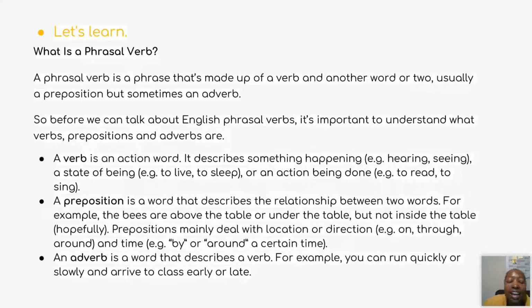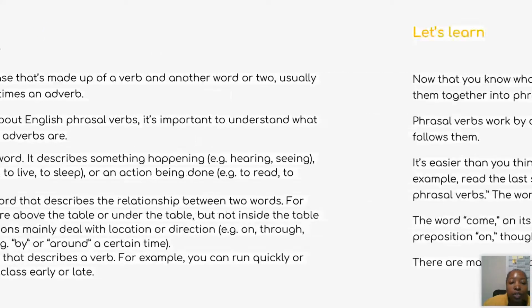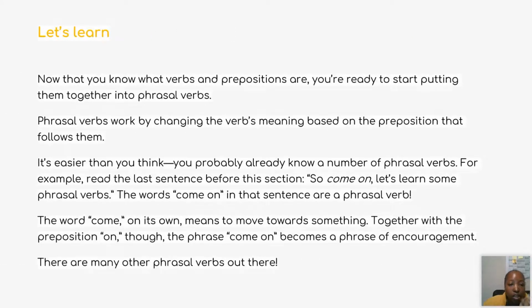And an adverb is a word that describes a verb. For example, you can run quickly or slowly and arrive to class early or late, okay? So those are verbs, prepositions and adverbs that could be used with a phrasal verb. So now that you know what those are, you're ready to start putting them together into phrasal verbs, okay?